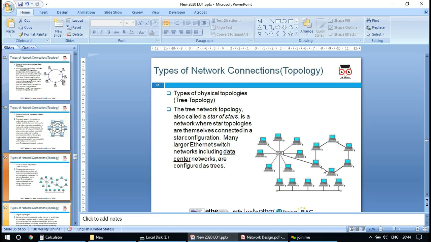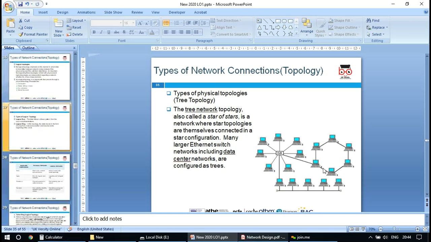In the physical topology, the arrangement of the networks and the way they are connected to each other matters. However, the logical topology can enable you to make the logical arrangement as much as possible according to your requirement. That's the difference basically.